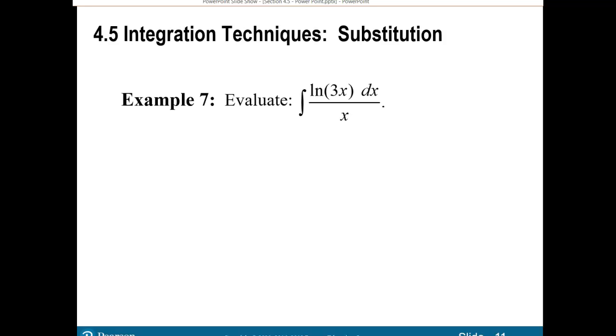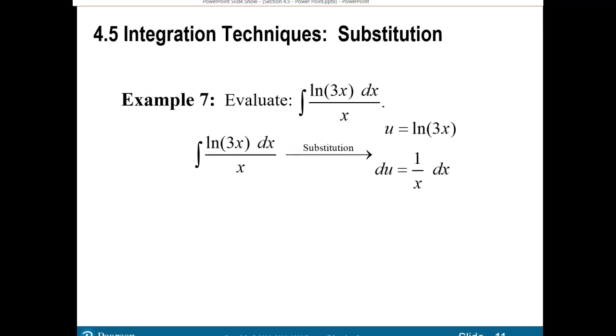All right, how about this one? Antiderivative, natural log of 3x dx divided by x. All right, so this time we want to find an expression for which the derivative is also part of the problem. So this time I'm going to let u equal natural log of 3x.